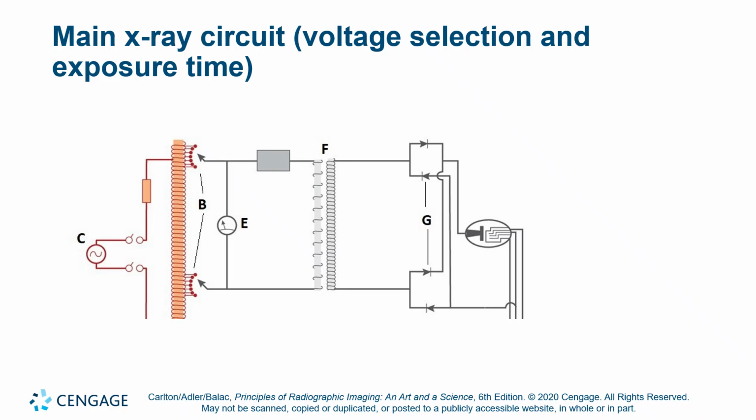Maybe to make it harder for you to see the ladder. If you want to see the ladder, I need you to turn your head sideways, right? And then you can see the auto transformer is one of the rungs of the ladder. Where the voltmeter is at E is the second rung. And then the high voltage transformer is the third rung.